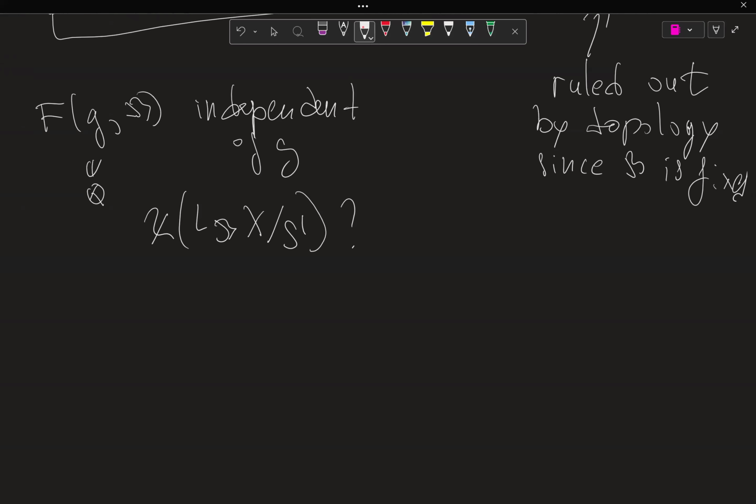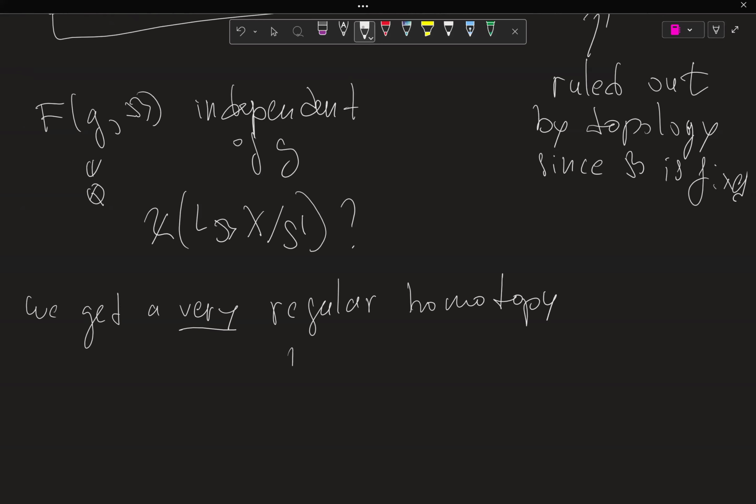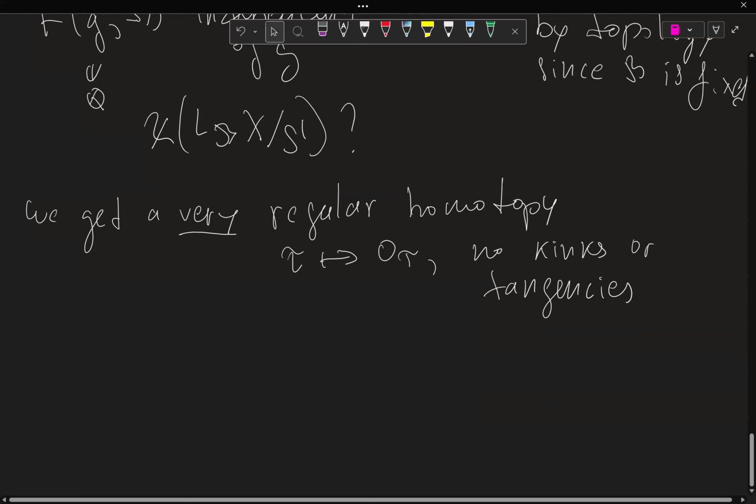So we get a very regular homotopy as tau goes to infinity, so basically no kinks and no tangencies. Right? Because geodesics cannot have kinks or tangencies. So the self-intersection of it cannot go to infinity. So we get a contradiction.